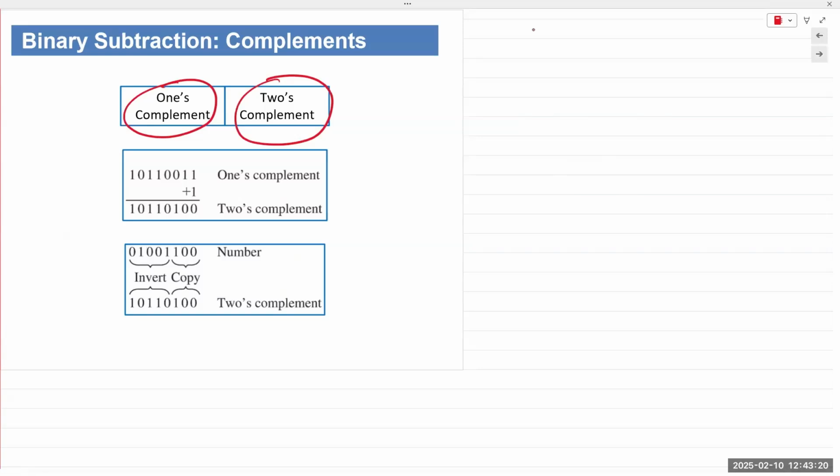In order to perform subtraction, we are going to go through a couple more steps, because we can perform addition, meaning a circuit can add voltages. Again, remember, it's the presence or absence of a voltage.